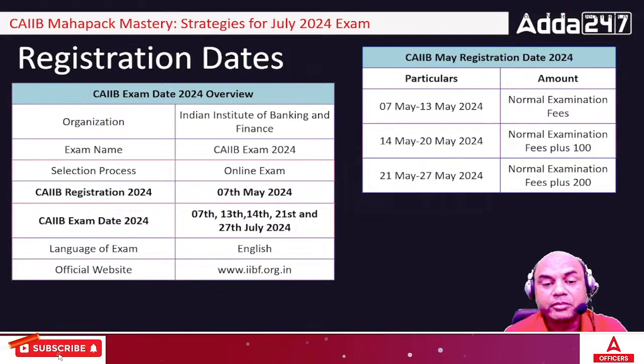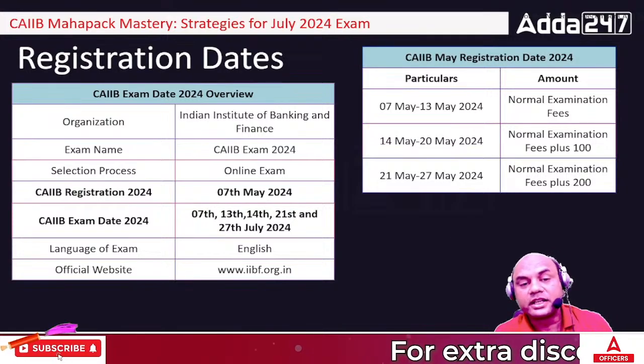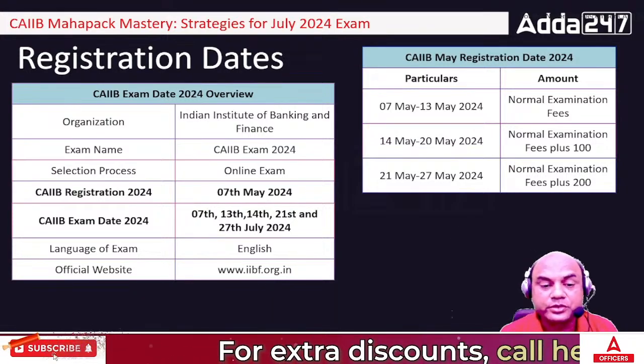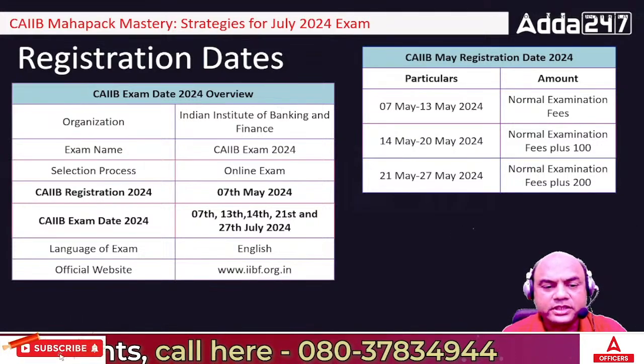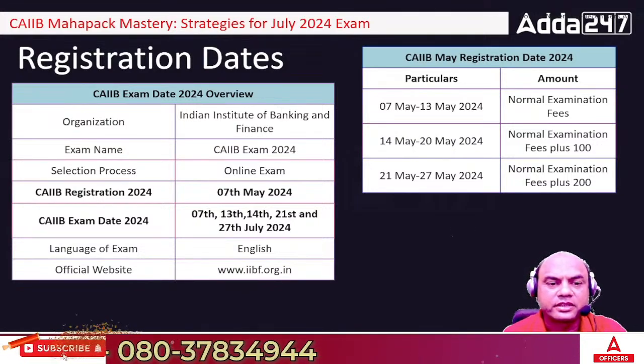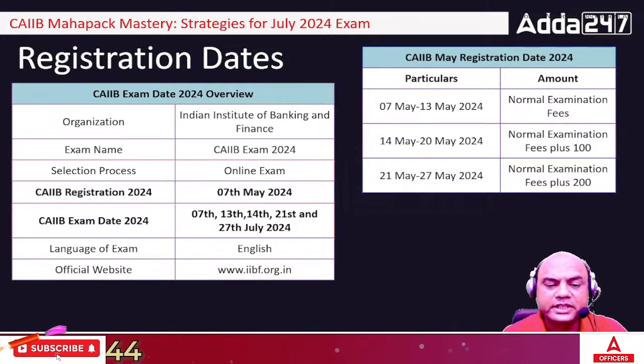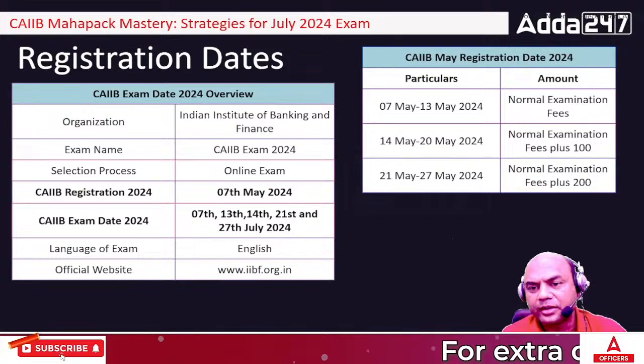Remember, registration starts on 7th May and the exam starts from 7th July. Simple, both are 7th. Language of the exam is English, and the official website you already know, IIBF.